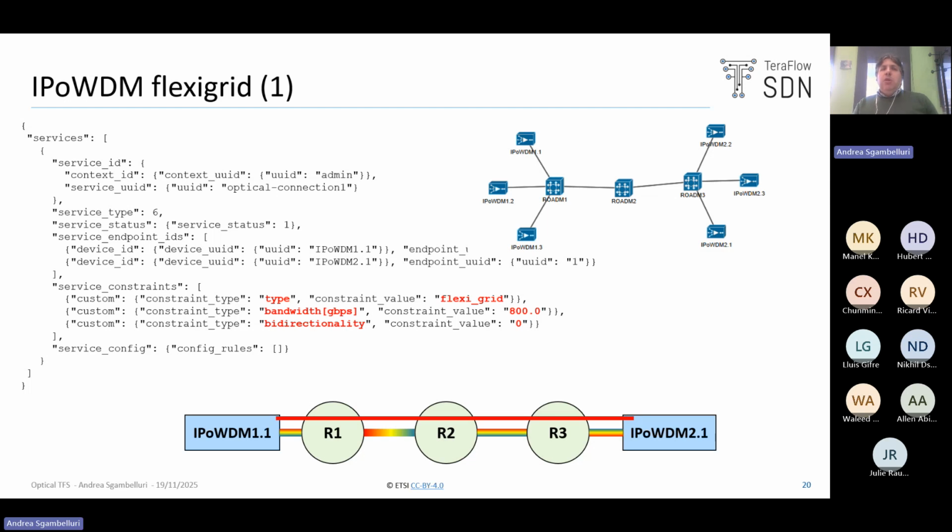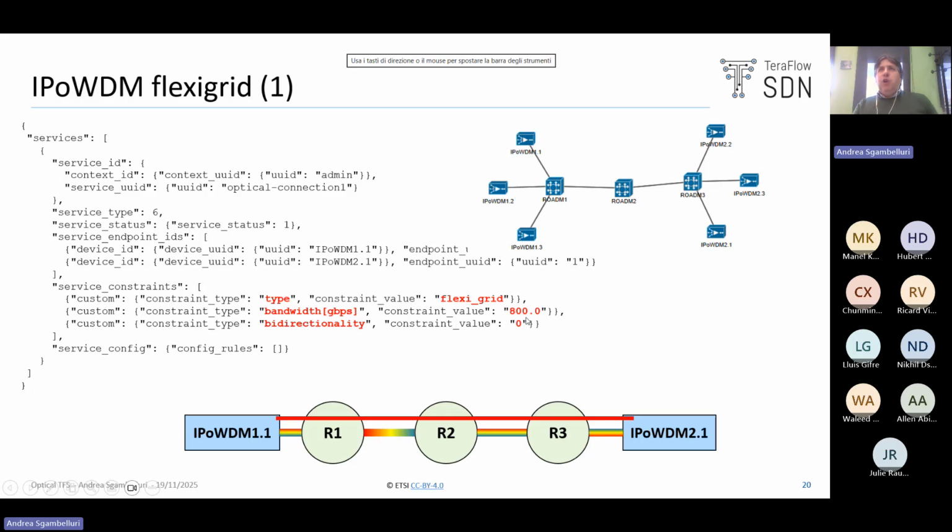The IP over WDM FlexiGrid environment is, let's say, the traditional environment. The only thing is that maybe we have at the edge not a transponder, but IP over WDM. In this case, as you can see, we have exactly a similar setup of a service for this device, where we provide a type FlexiGrid.